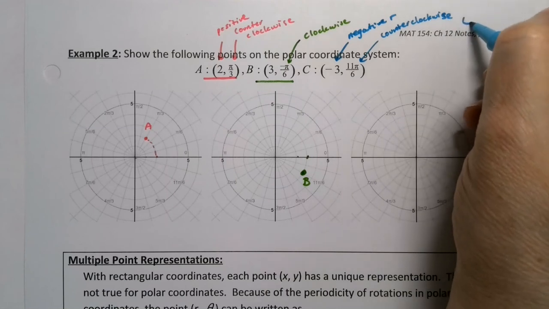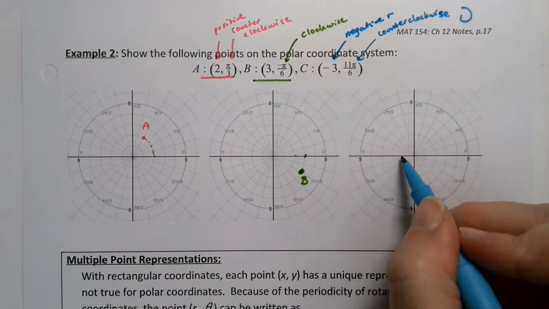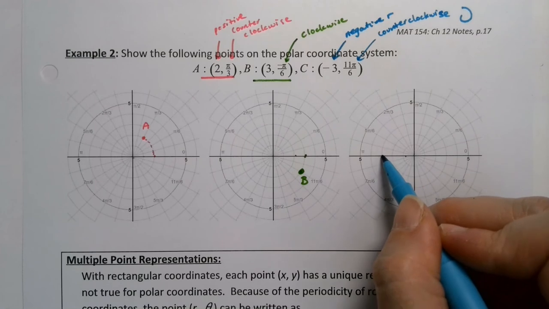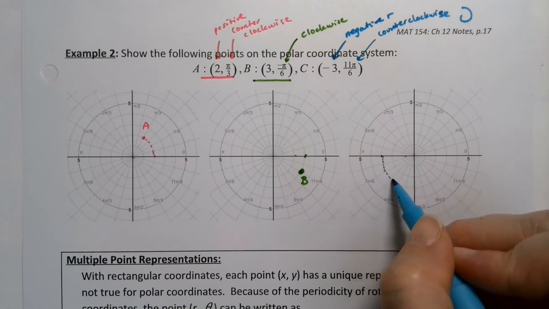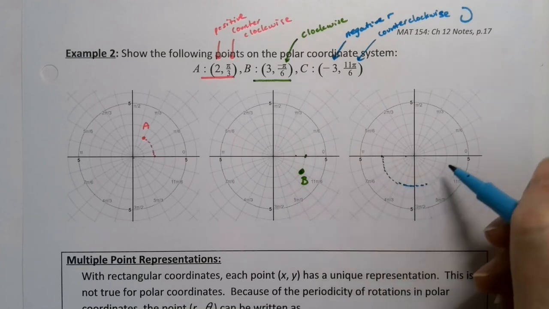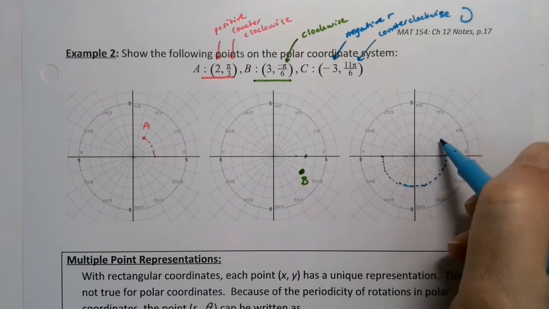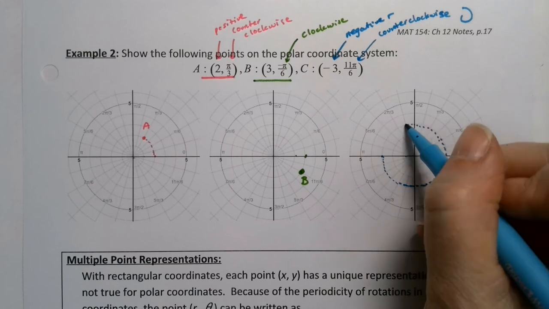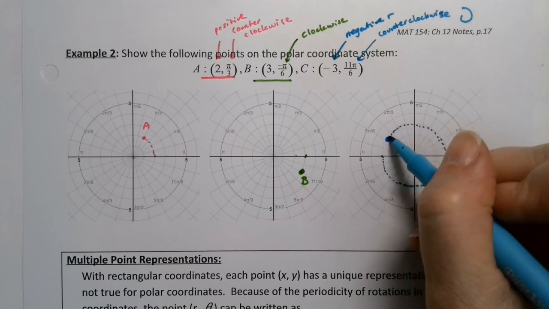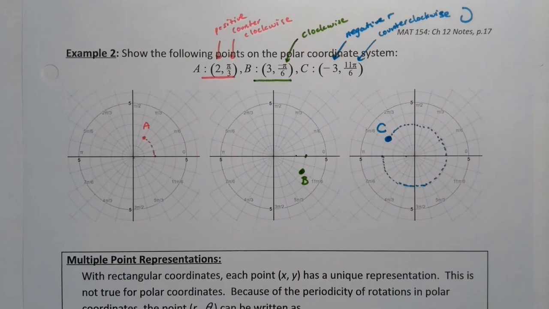Which is like this, right? So I'm going to go out 1, 2, 3, and I'm going to swing all the way around along that ring. 11 pi over 6, which gets me to here. And there's point C.